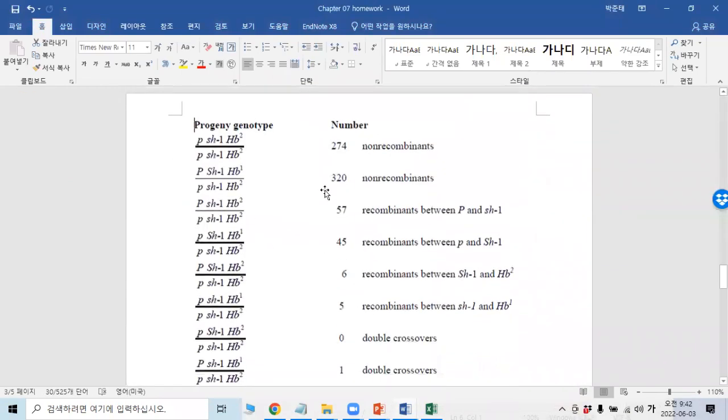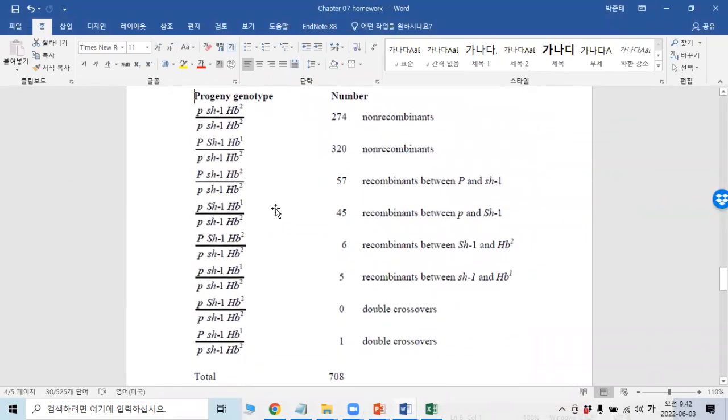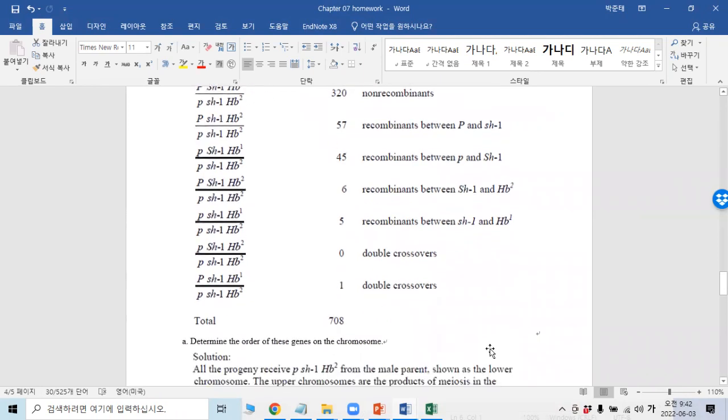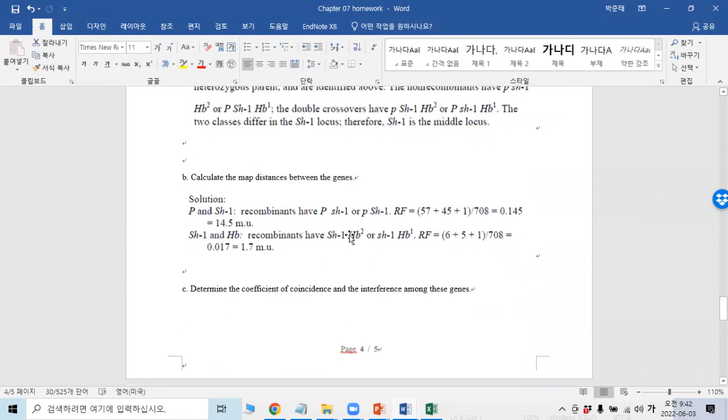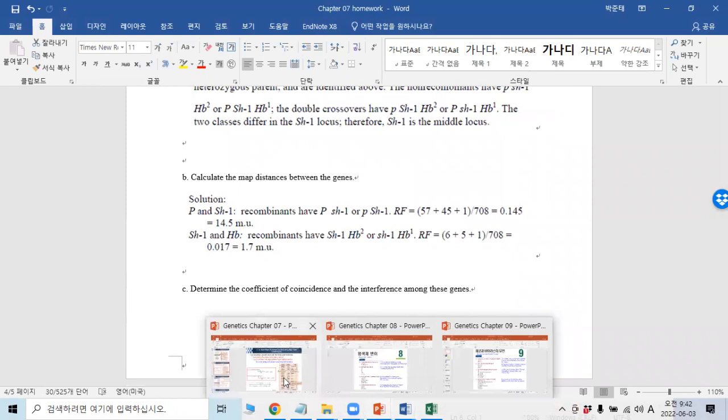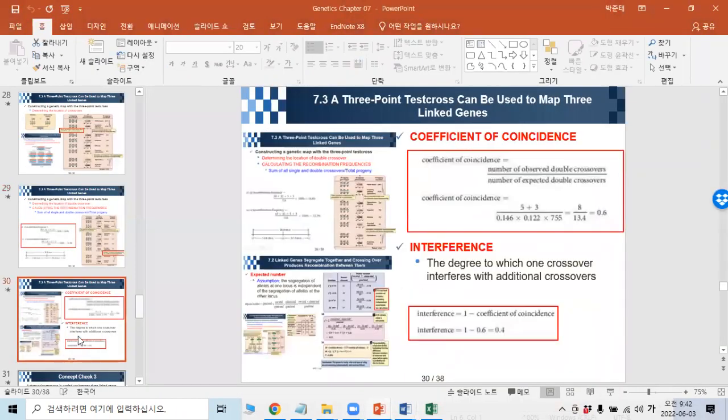This one is also asking exactly the same as this one. You have to find the recombinant, non-recombinant, and double crossover, and calculate the distance like this. Also important, you have to calculate the coefficient of coincidence.